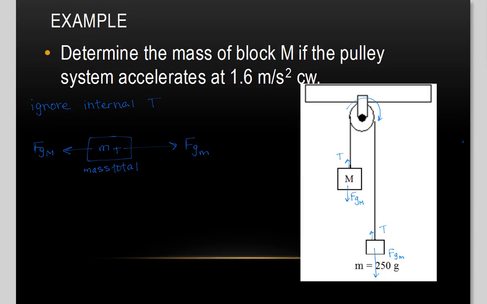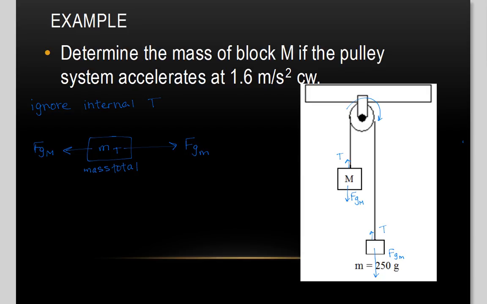Ignoring the internal tension. So imagine those strings connect the masses such that whatever happens to one of them is going to happen to the other, in the sense that it's just one large mass, one large system with 2 opposing forces.